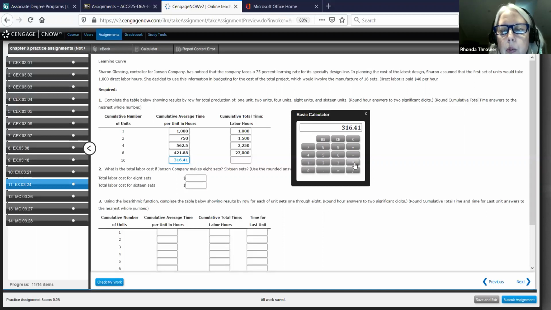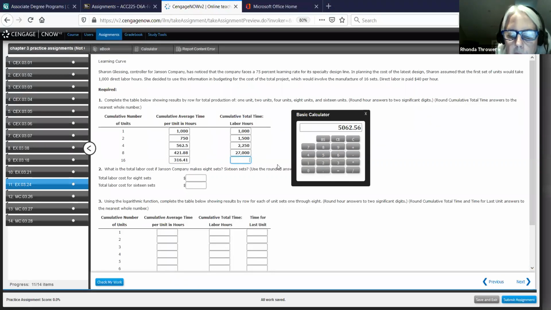Again, we can round to 2 significant digits, so I'm just going to leave that as it is. Then I'm going to multiply this amount by 16, and that will tell me the cumulative total time in labor hours that would be spent producing the 16 cumulative number of units. And again, we have to round this to the nearest unit.